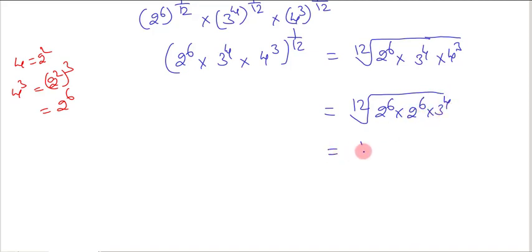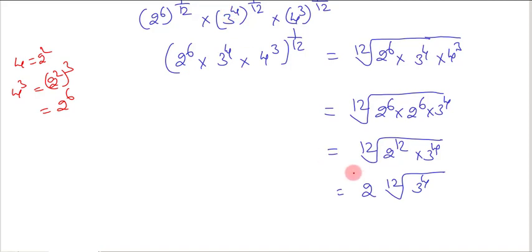So we can write it as 12th root of 2 to the power of 12 into 3 to the power of 4. If you take 2 to the power of 12 out of the root, you get 2. So 2 into 12th root of 3 to the power of 4 is the answer.